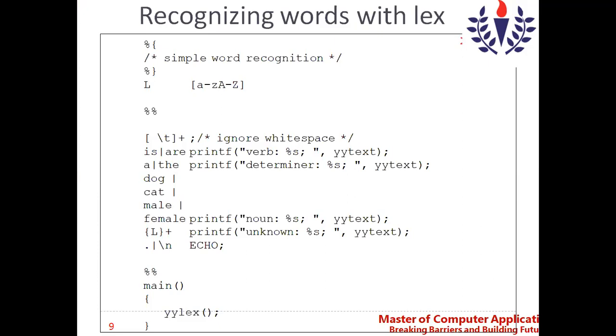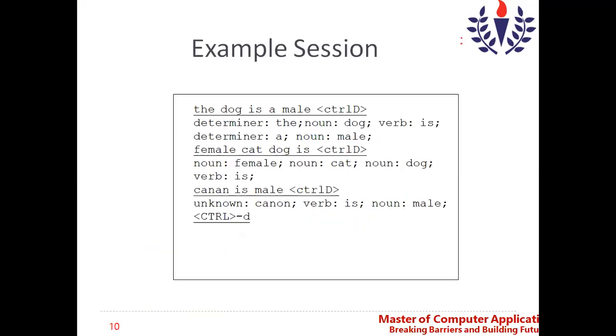That's how you can see the result as: the noun is dog, verb is, determiner the, determiner a, noun is male. Such output we were able to get by recognizing the word and the type of word in the given input. This is the program we have already discussed.